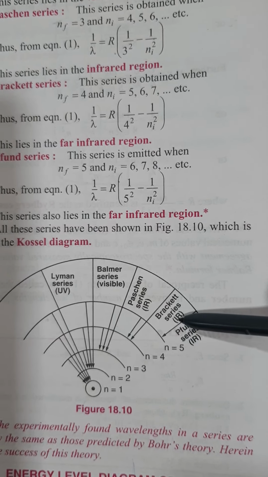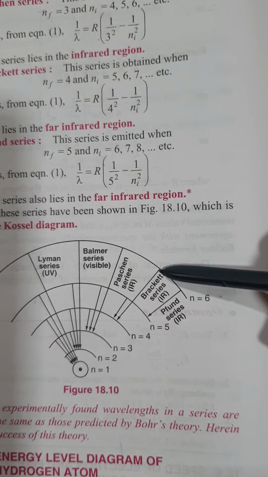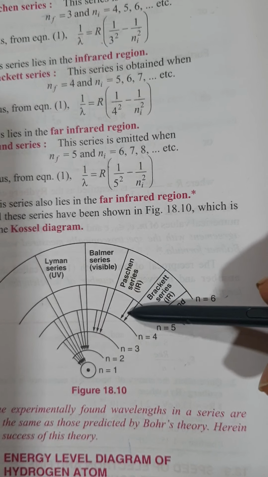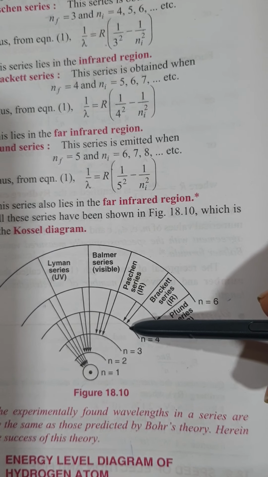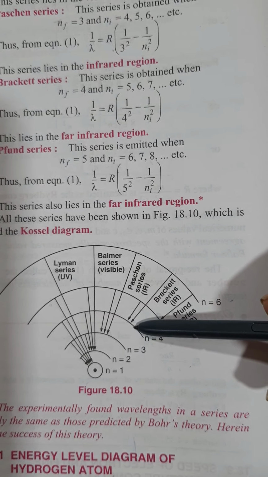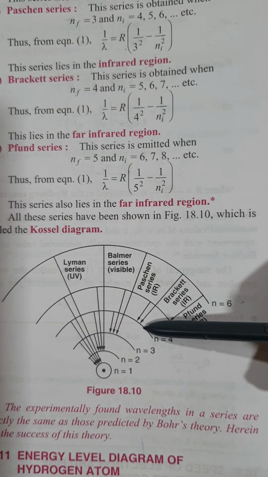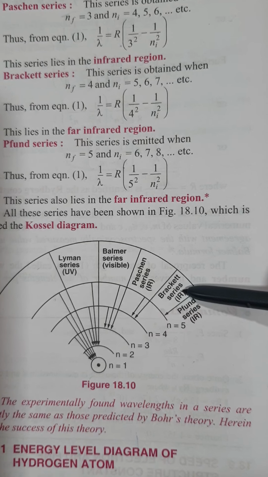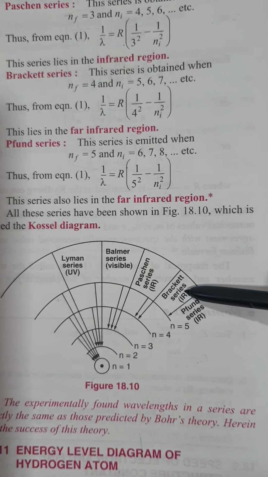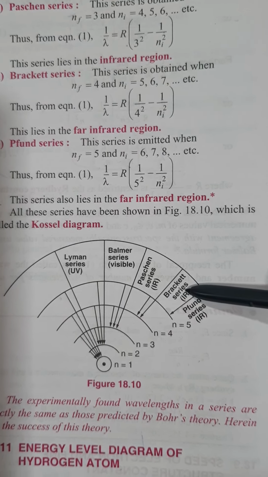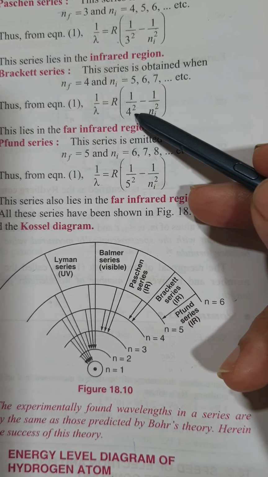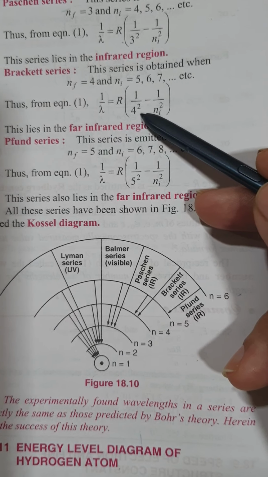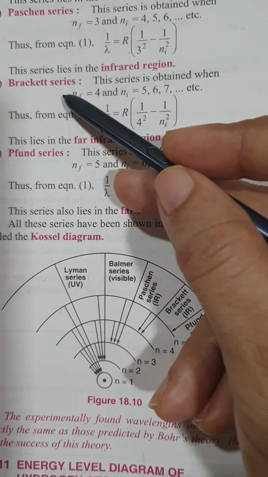Then see the next one. The electron transition takes place from higher orbits to the fourth orbit, the Brackett series, and here again the light emitted is in the infrared region, but this is far infrared. So the final principal quantum number is the fourth orbit.